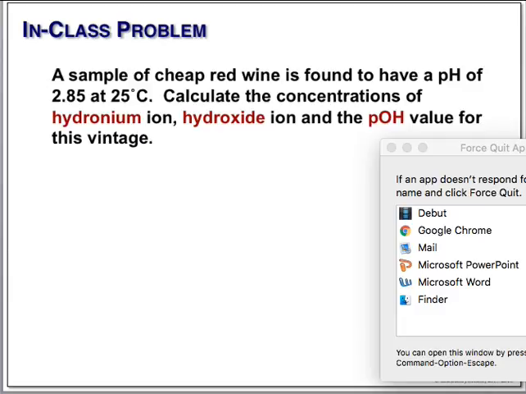So we know the pH, right? Let's do hydronium. Hydronium is going to be 10 to the minus pH. What's the pH? 2.85. So this is 10 to the minus 2.85, right? Hit the magic buttons on your calculator.